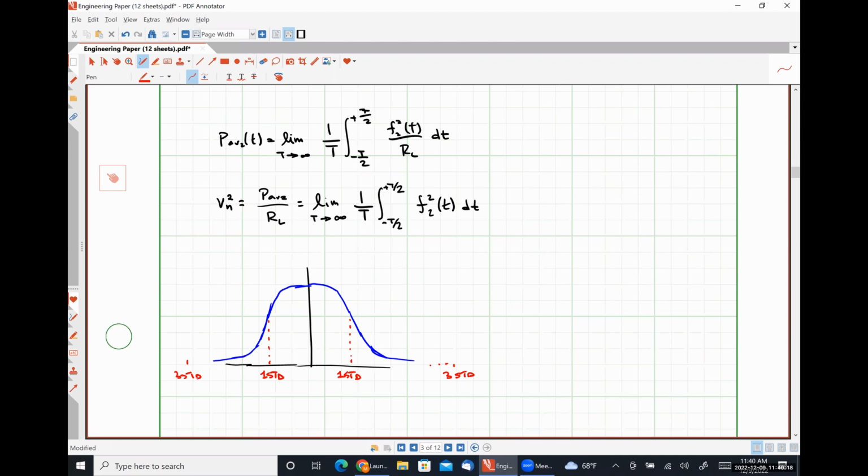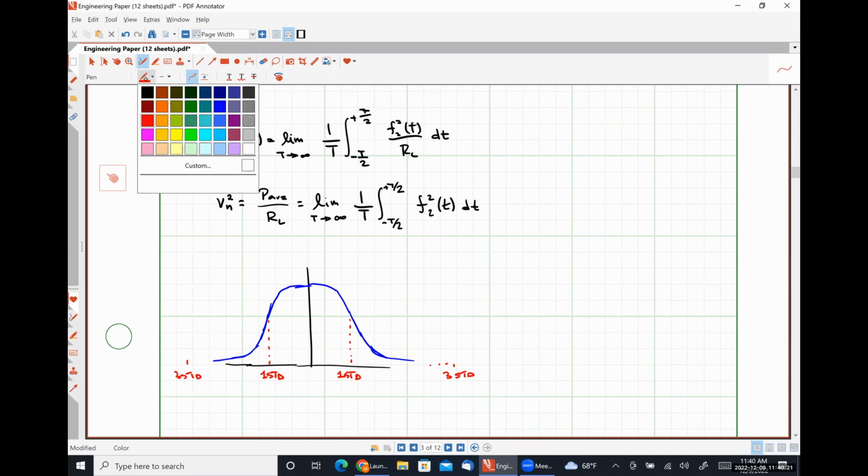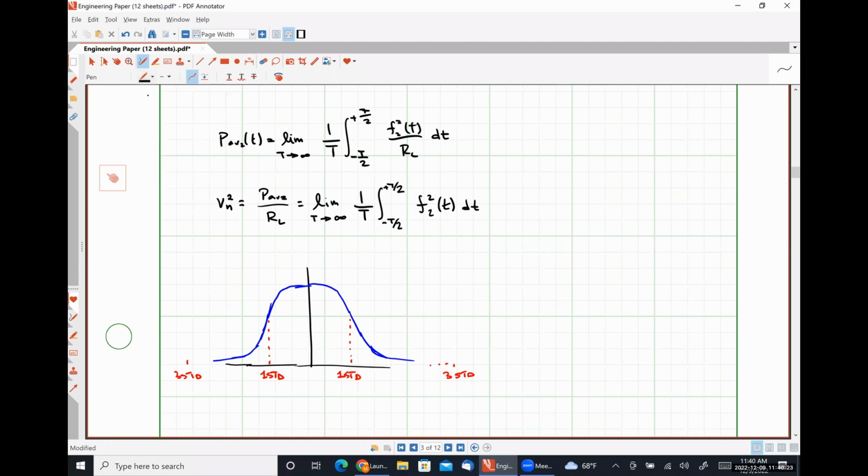All right. Our standard deviation for our noise in this case is what's going to be called the RMS noise voltage. And this is simply going to be the square root of our noise voltage squared quantity. Okay.